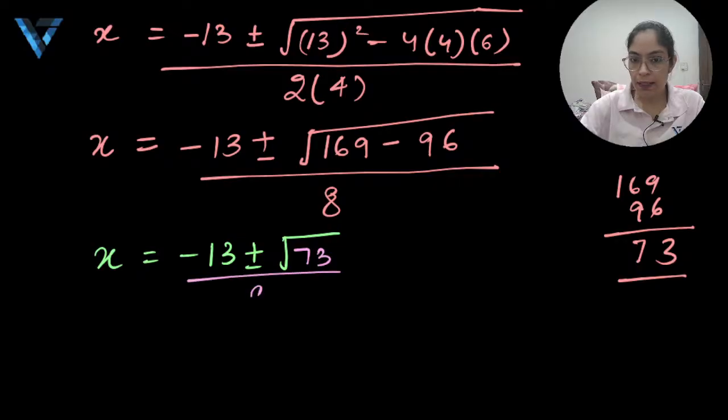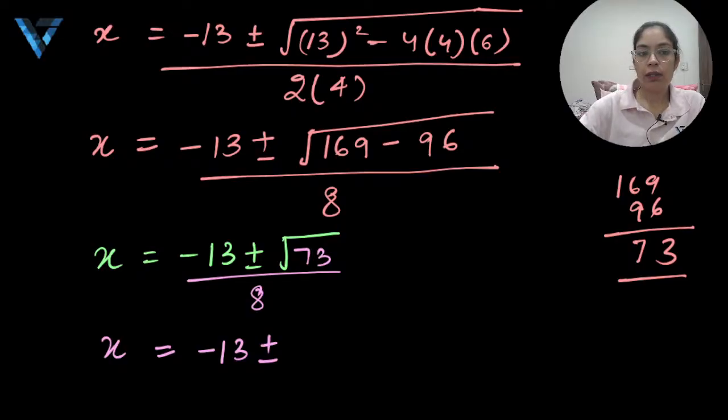Root 73 by 8. So what is the value of root 73? x is equal to minus 13 plus or minus root 73. See from the square root table and tell me the exact value written there.